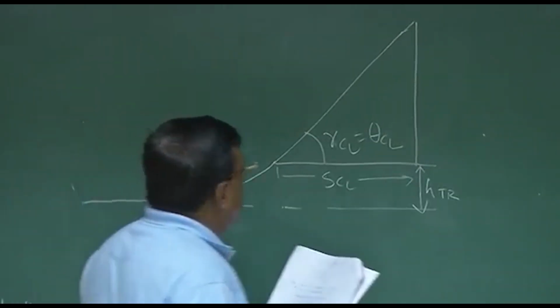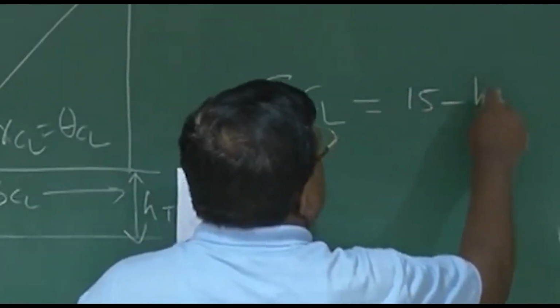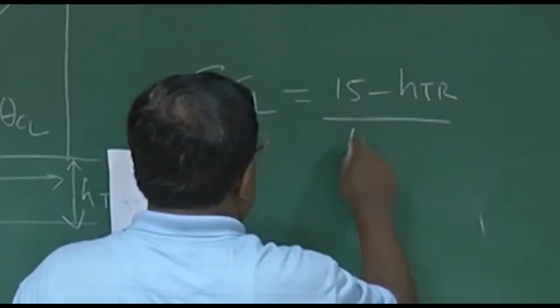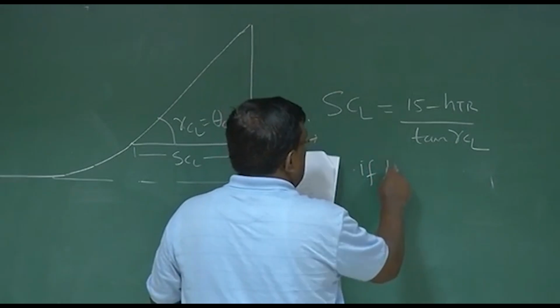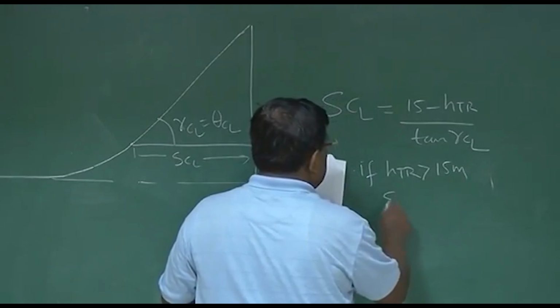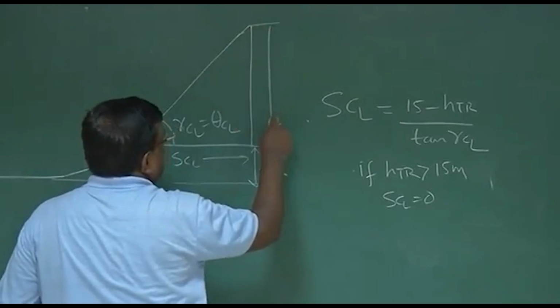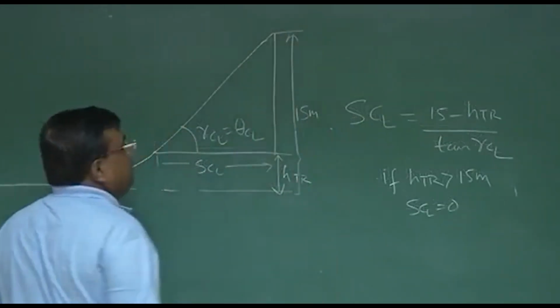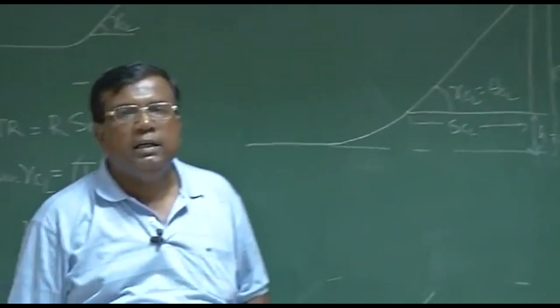So I can easily find out S CL by using this relation: S CL equals 15 minus H TR by tan gamma CL. If H TR is greater than 15 meters, then S CL equals 0. This is simply by this geometry, because the total height is 15 meters. It is as simple as that. I hope you should be able to do this yourself. Once you calculate all these segments, you add them up, you will get the takeoff distance.